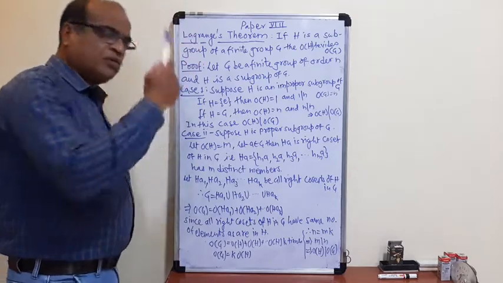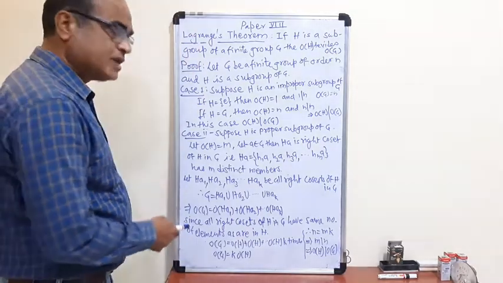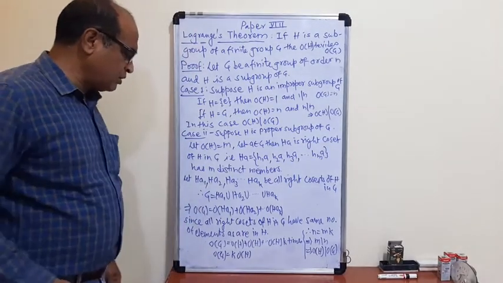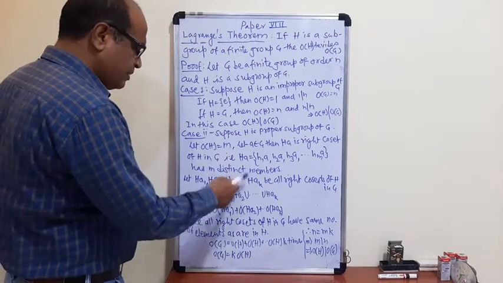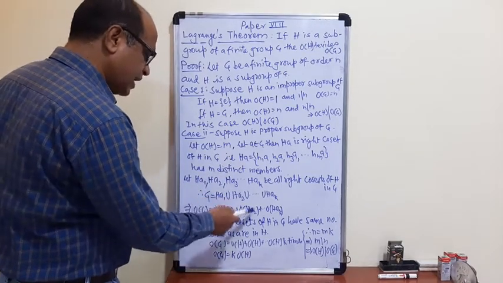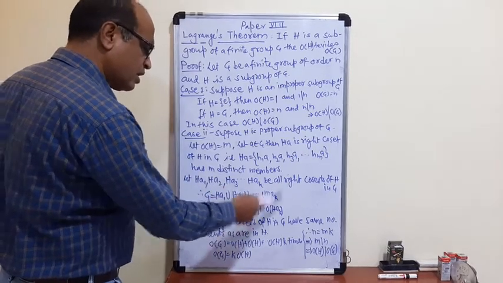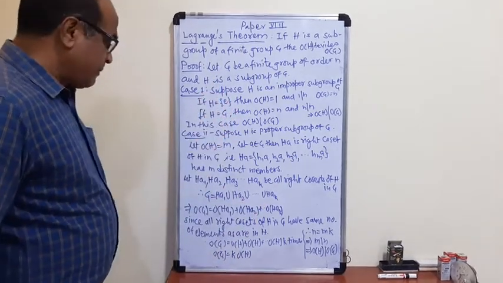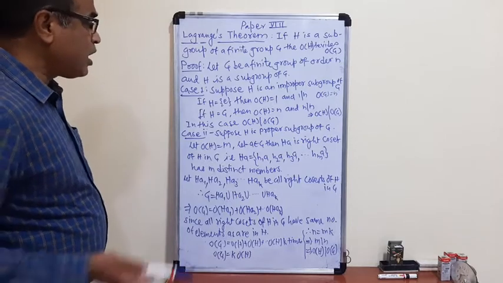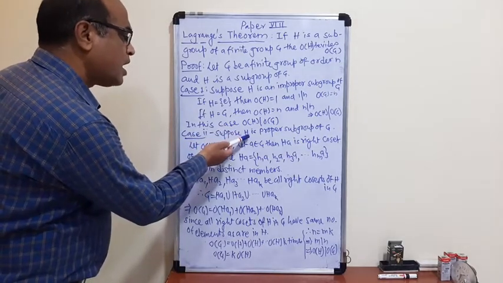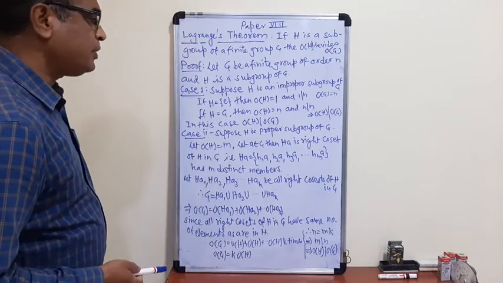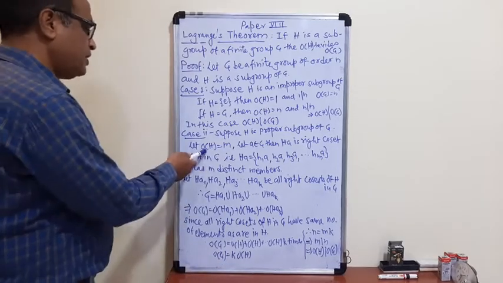Then we take the order of both sides. What is the order of G? The order of G is the order of Ha1 plus the order of this right coset plus the order of this right coset, and so on. But what is the order of H? The order of H is m.